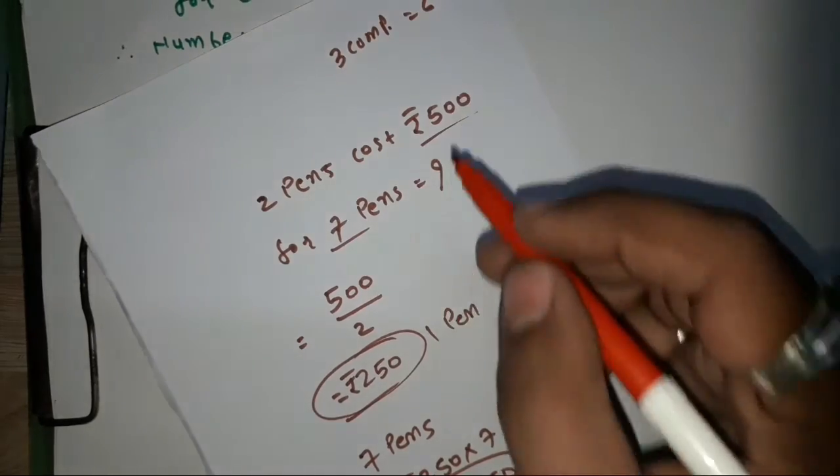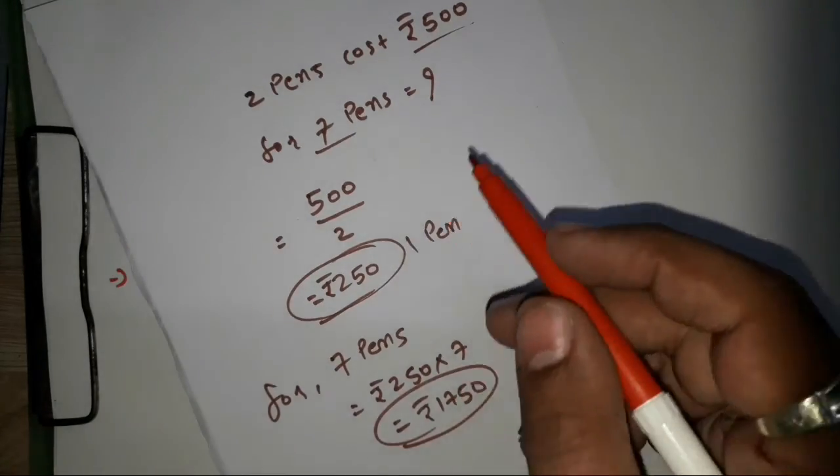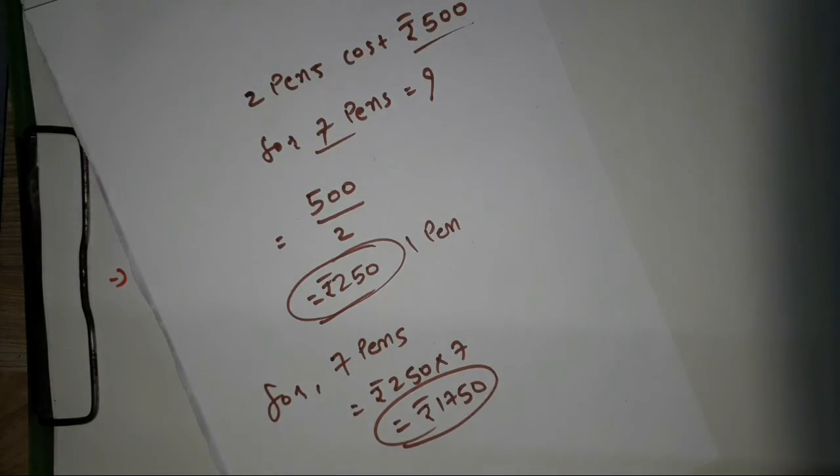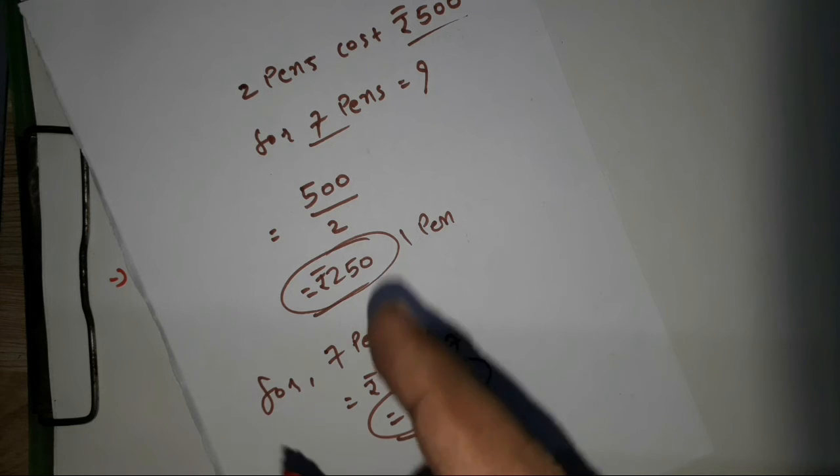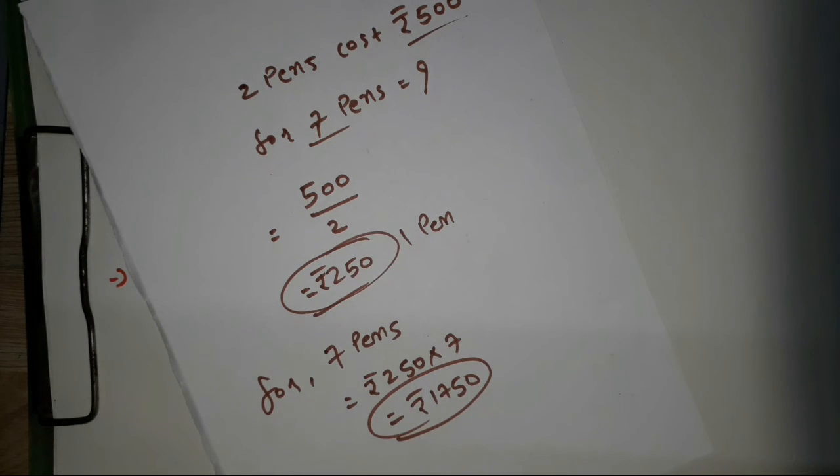As I showed you, when I find the price of one pen, then I can find the price of any number of pens, not only 7 pens, but 10 pens, 20 pens, 10,000 pens. Easily, I have to multiply that by rupees 250.